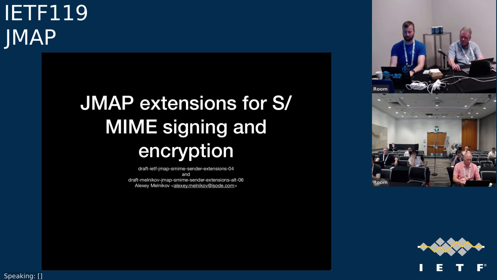I think the suggestion is, if people are happy with the alternative approach, then re-adopt it and make it the 05 of the working group. I think chairs can decide the best process for this. But I think the working group still needs to make a decision whether we stick with the original simple approach or the alternative. And there are some slides explaining that.